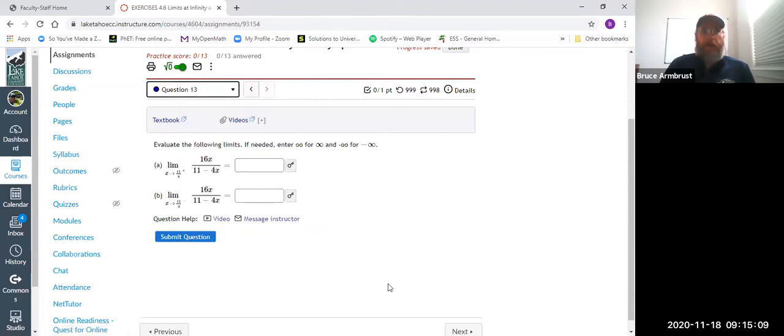Okay, so this one now we want to evaluate the following limits. And again, if needed, enter infinity or minus infinity. All right, so we're looking at the limit as x goes to 11/4 of 16x over 11 minus 4x.